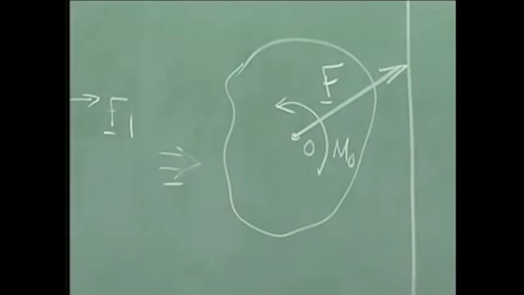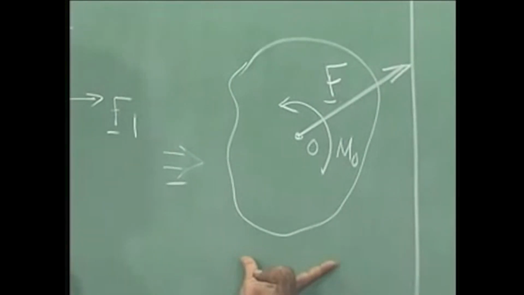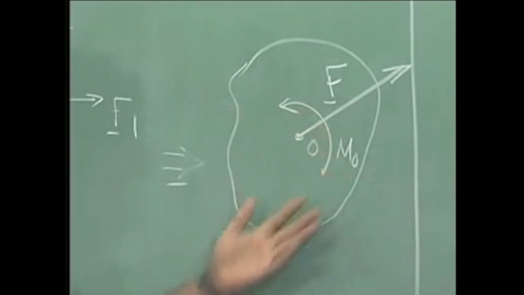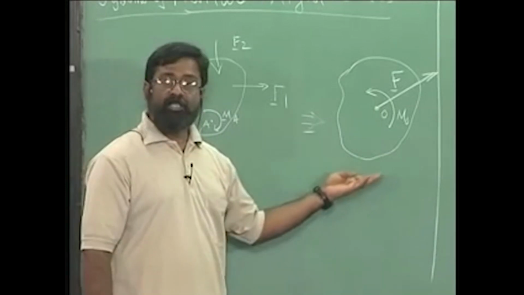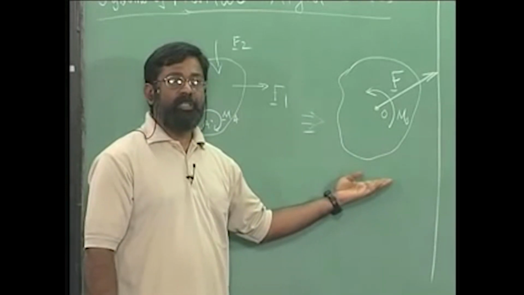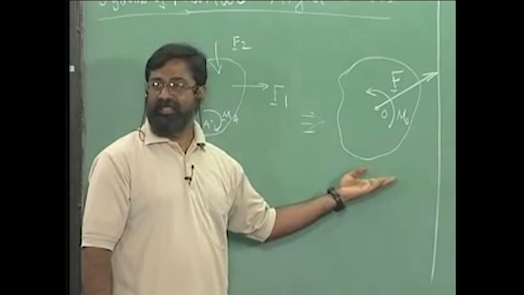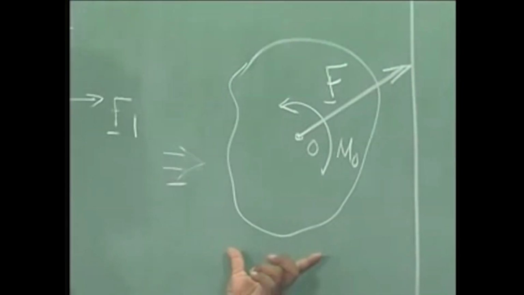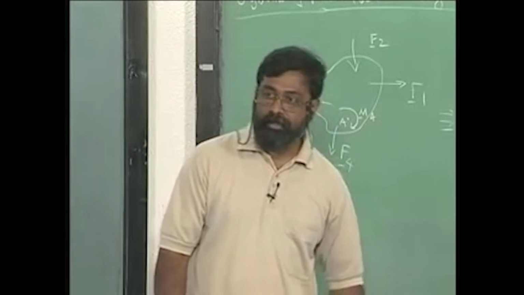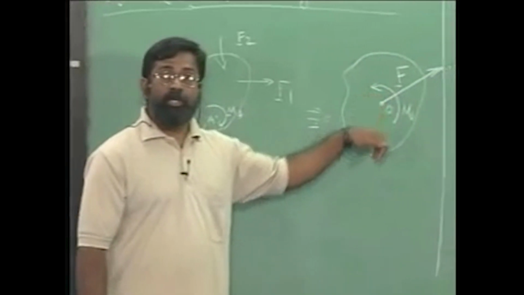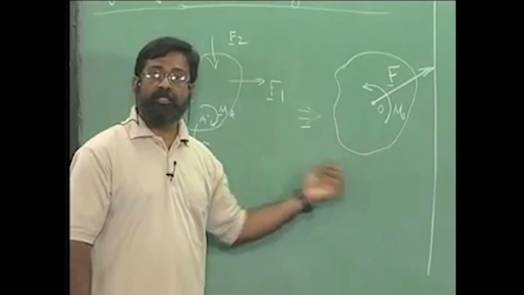Now over this we have to apply the condition of what is happening to this particular body, is it moving or is it stationary. Let us look at the first question of it being stationary. If it is stationary, we say that the acceleration is equal to 0. It is a principle of statics that we use right now. It is not rotating, which means the angular acceleration is 0.